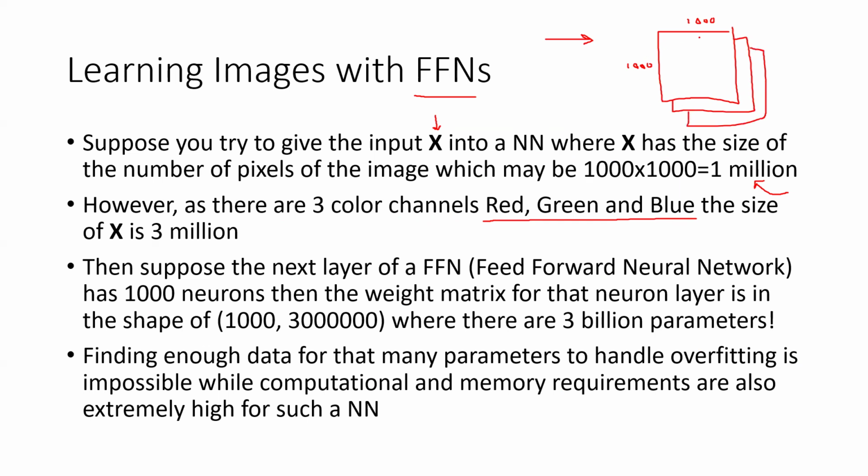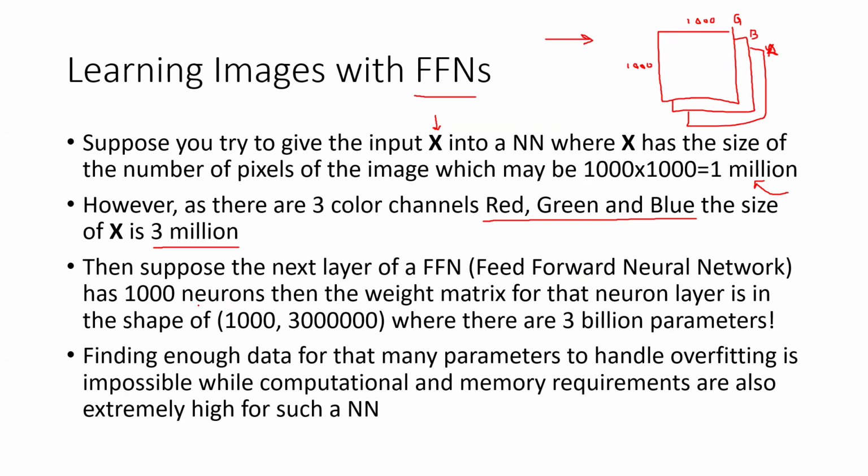If this one is green, this one can be used for the blue channel, and this one for the red channel. So there are three. Actually, you have to store not only a single matrix of information, but three matrices, right? So then you would have 3 million pixel values you have to use for training this neural network, right?